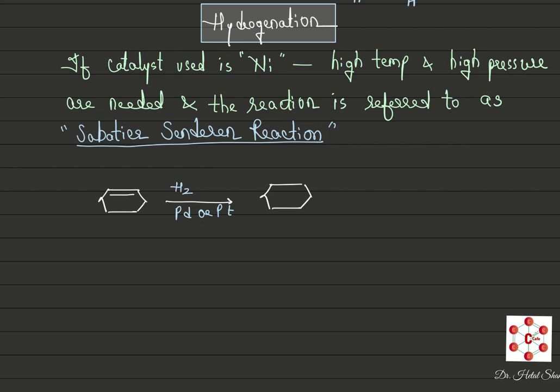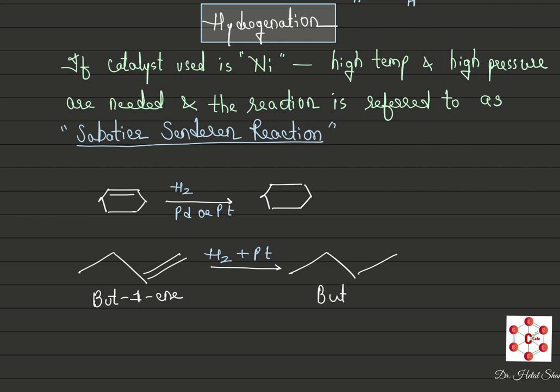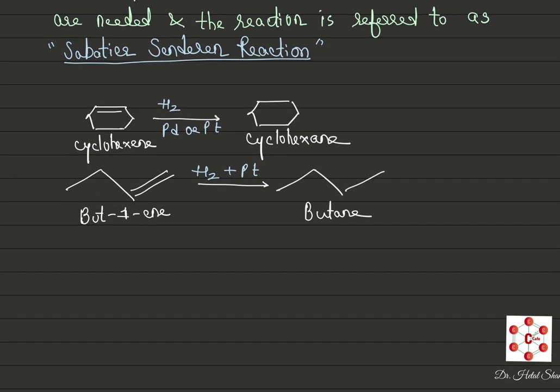If you take a normal double bond like this, H2 plus Pt gives us the normal alkane. So but-1-ene gives butane. Cyclohexene gives cyclohexane. Right?